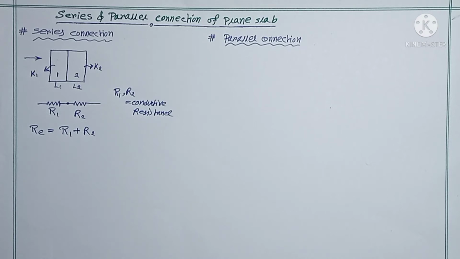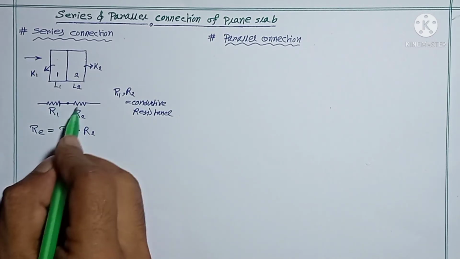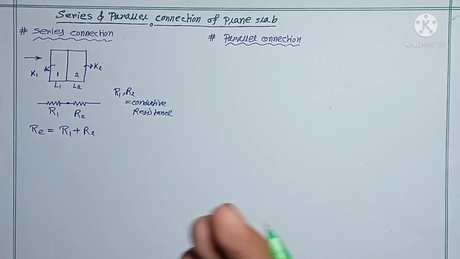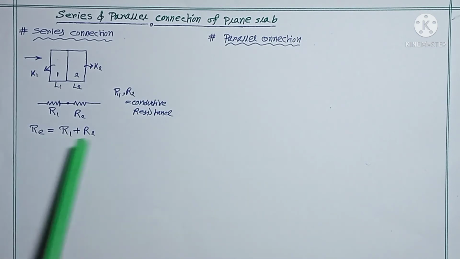First you complete one job, then you complete the second job, so you can focus more on each and every job. But in case of the parallel connection, you perform both jobs at the same time, so your concentration will be less. Similarly, if there is a series connection, one after another, your resistance will be more, meaning the resistances are added, R1 plus R2.